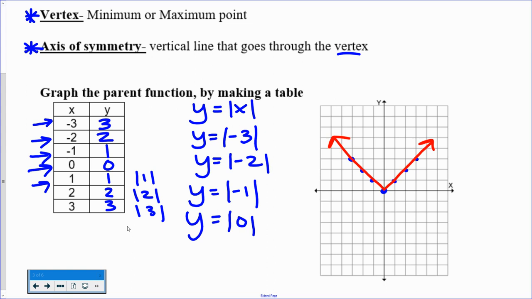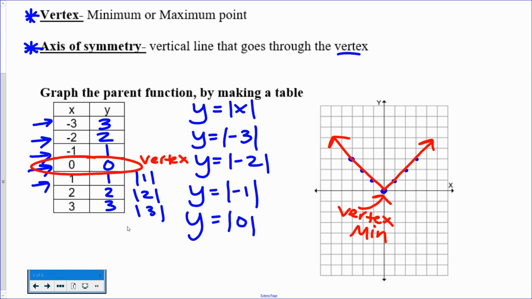Okay, so right here is the vertex. When it's the parent function, 0, 0 is my vertex. That vertex is, in this case, a minimum point. And then to the left of the vertex and to the right of the vertex, they're symmetric.